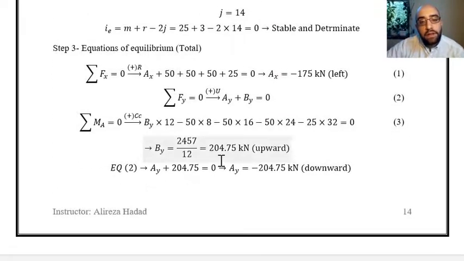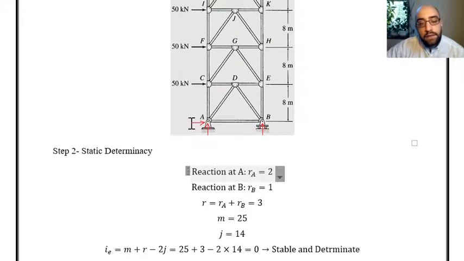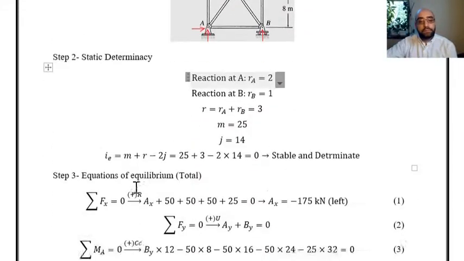So I can simply return this into this equation and find Ay as a negative of this value. So it means that Ay is downward, By is upward, and Ax is also to the left.